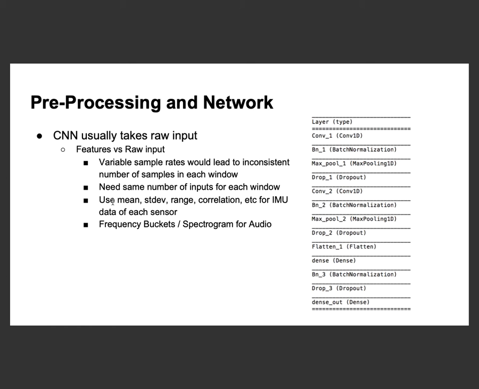For pre-processing for our network, a CNN can usually take raw input, so we could have fed the accelerometer straight into the CNN. But the problem was in our hardware, the sampling rate was all over the place. It wasn't giving us a uniform sampling rate, and for a CNN, you need the same number of inputs for every window.